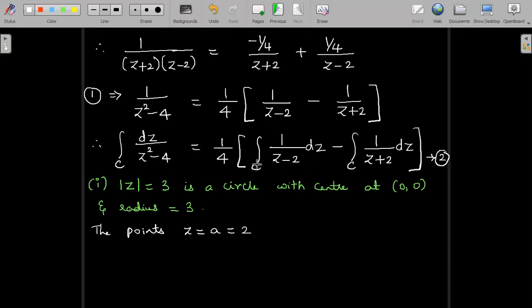So the denominator is compared with z minus a. So a value is equal to 2 in the first integral. And in the second integral, a value is equal to minus 2. So z is equal to a equal to minus 2.